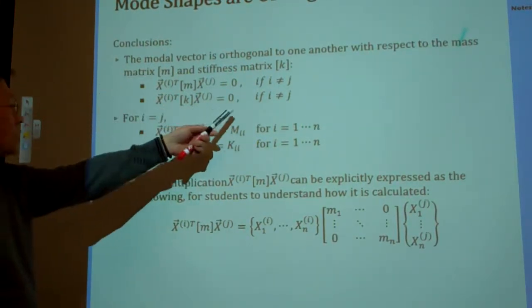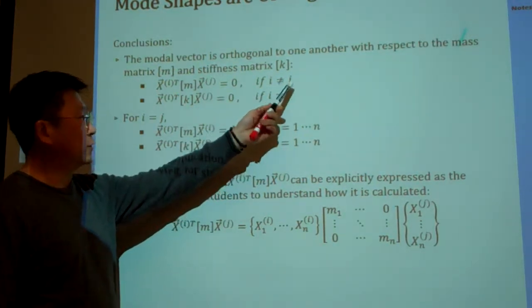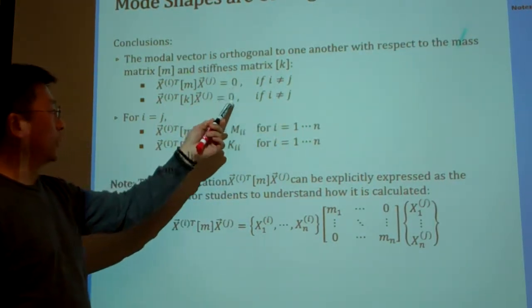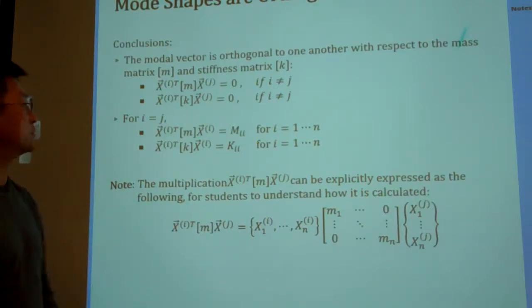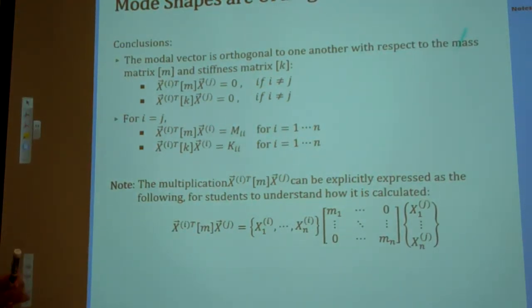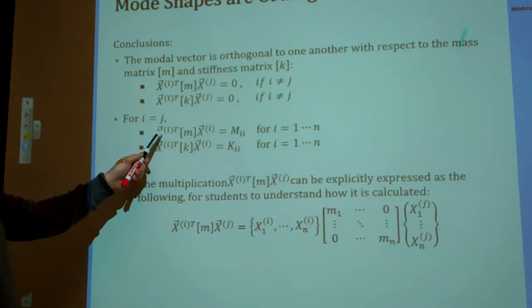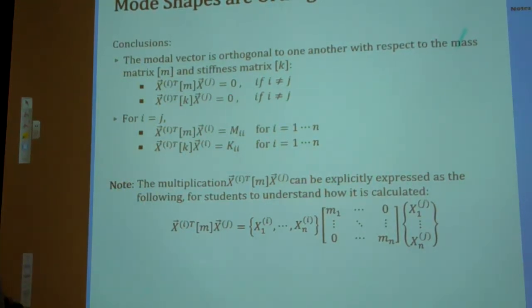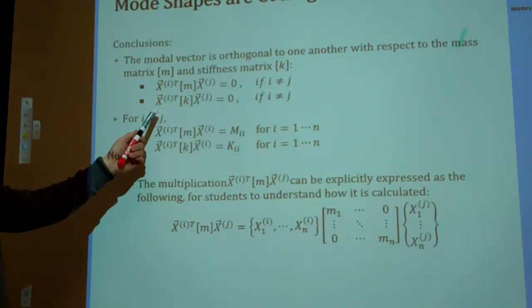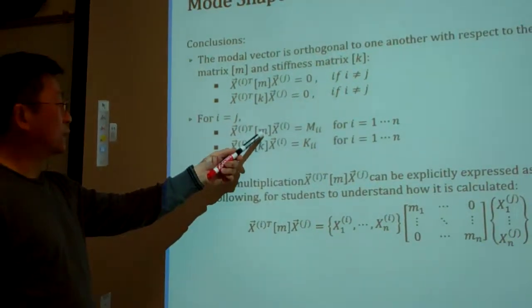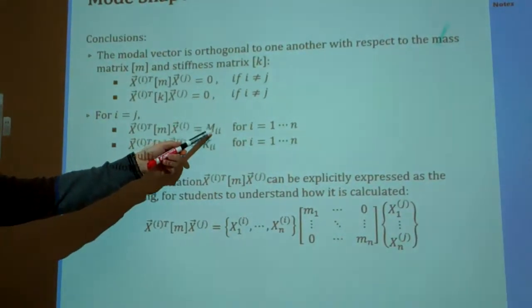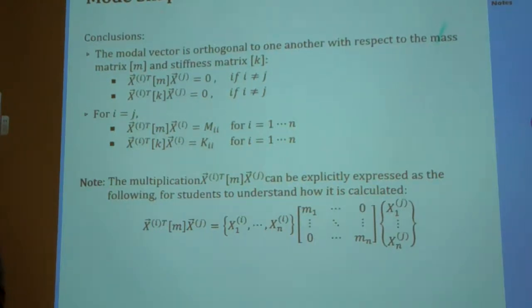As long as they are different modes, they are always orthogonal to each other. If they are from the same mode, for example like this and this, then if you operate through the M matrix or K matrix, you will get a constant.